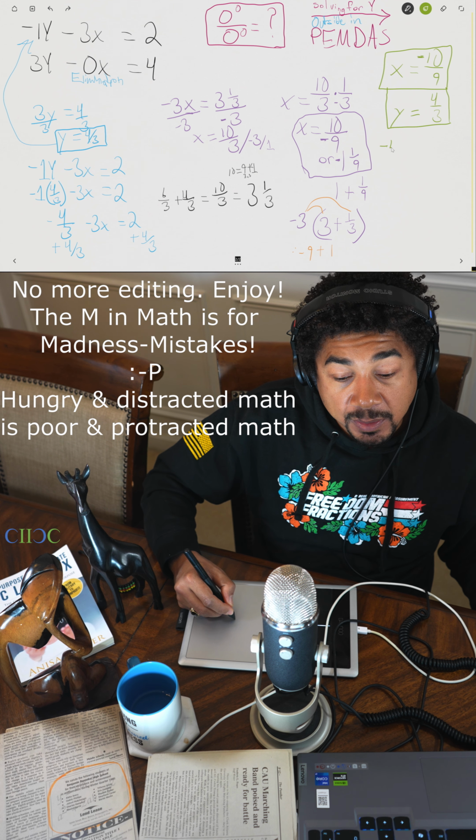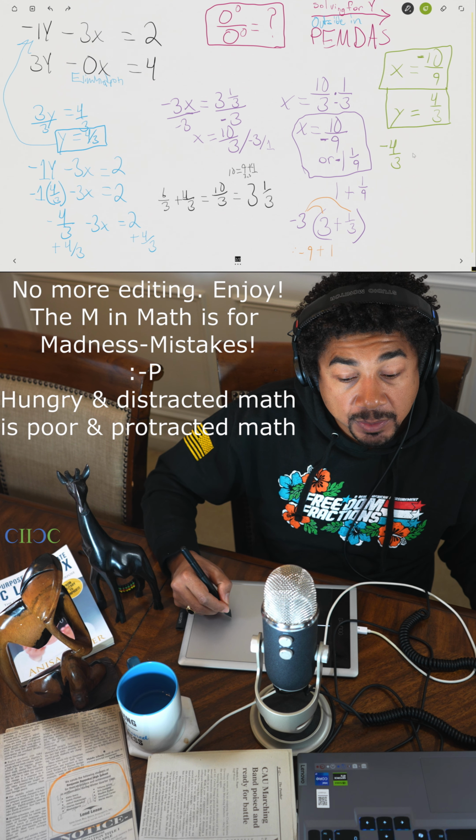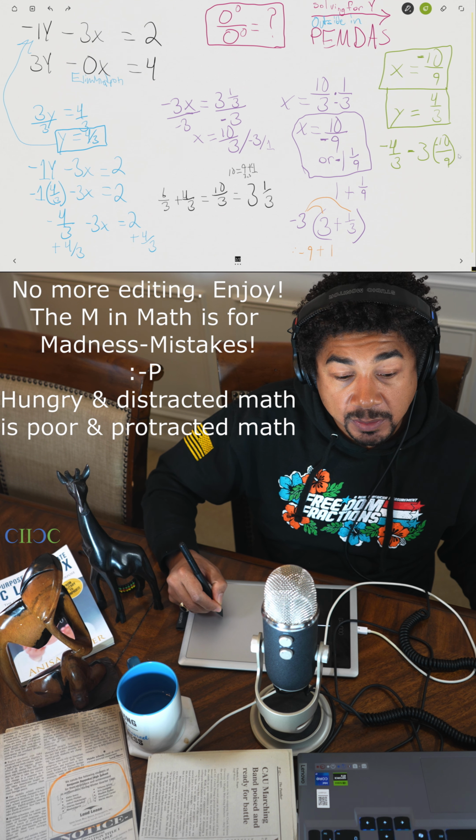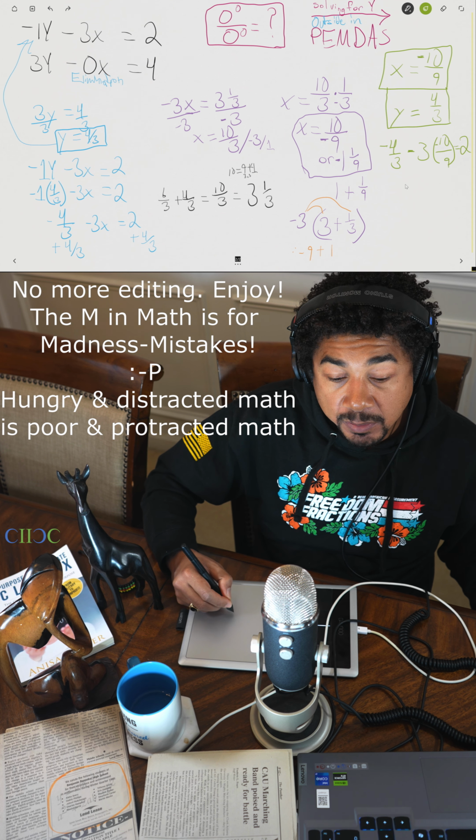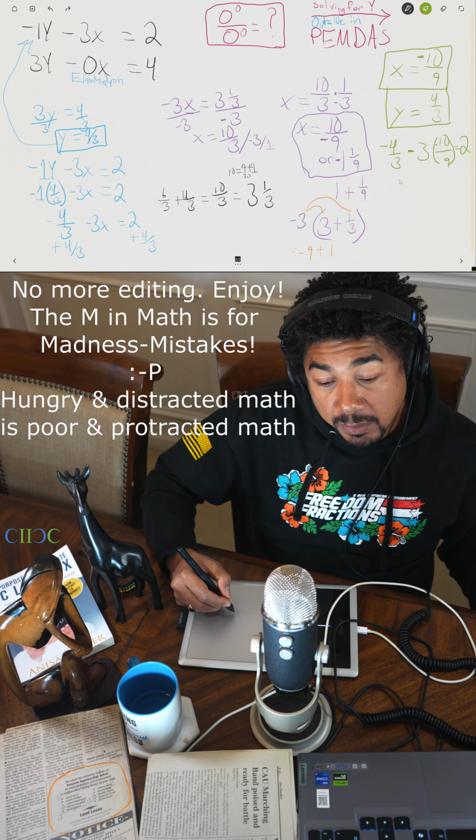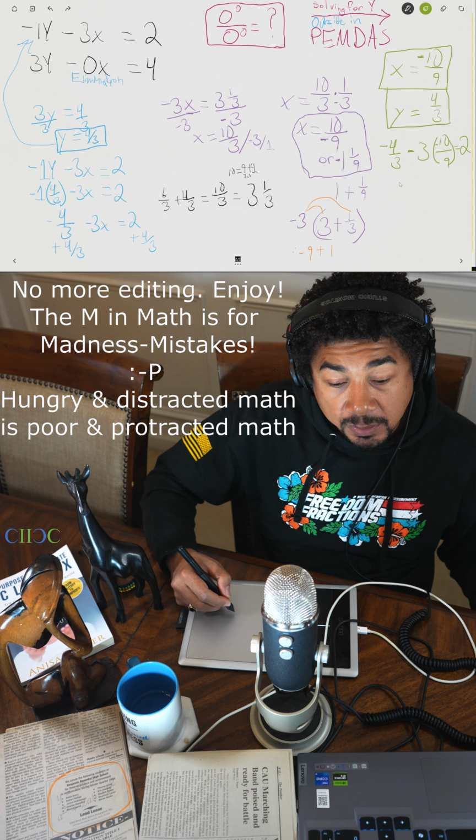If we have a negative 4 over 3, and we subtract that from 3 times 10 over 9, does that equal 2? So, already looking interesting.